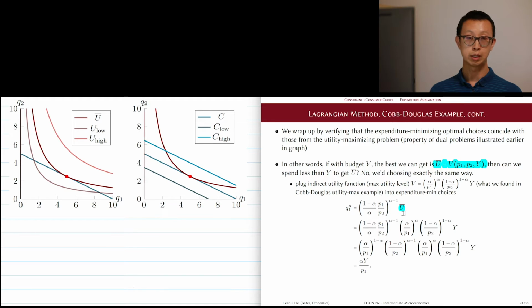We're taking a value of utility expressed by a very specific indirect utility function and dropping it into this utility target. And then Q1 star here that we already solved for will tell us the optimal level of good 1 that will allow us to reach this indifference curve that has a utility level of U bar, given these prices of P1 and P2.